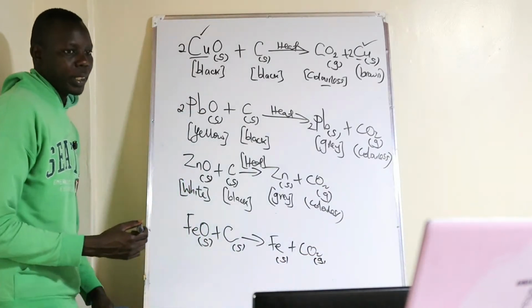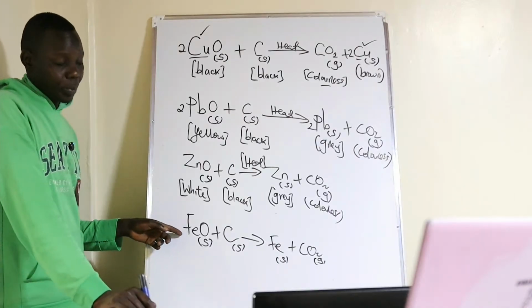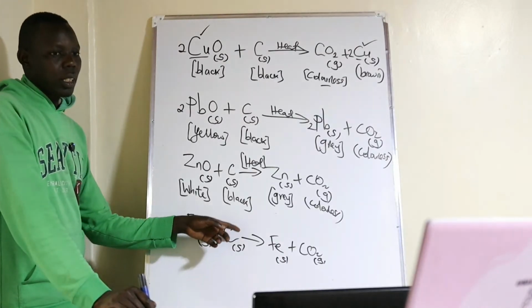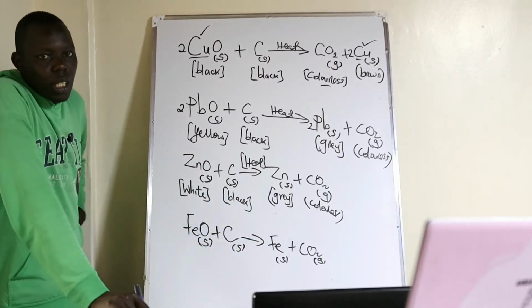So let me not write, but just know that this one is brown. Iron 2 oxide is brown. Brown, black, gray, colorless. That is it.